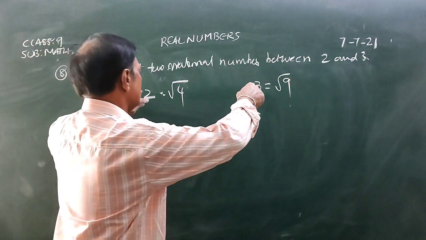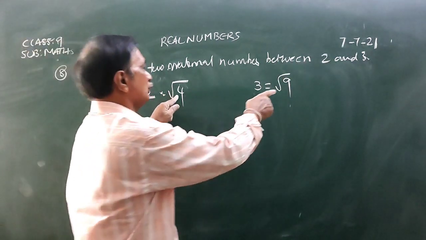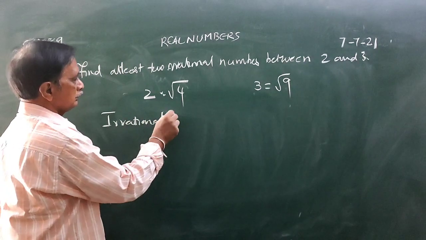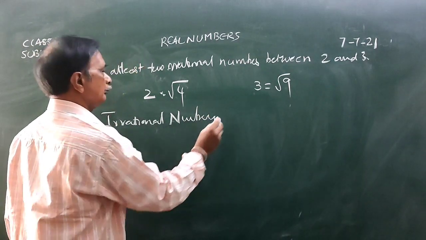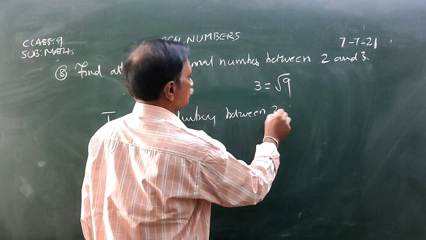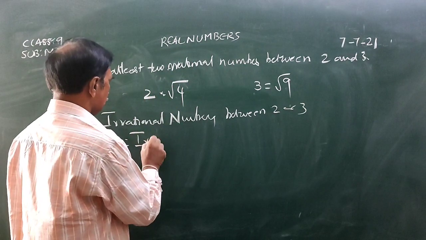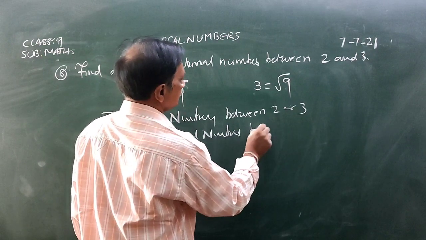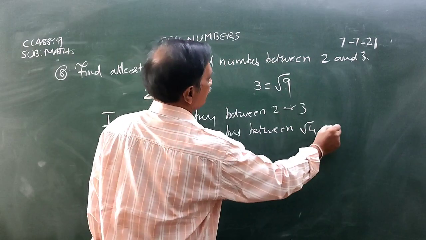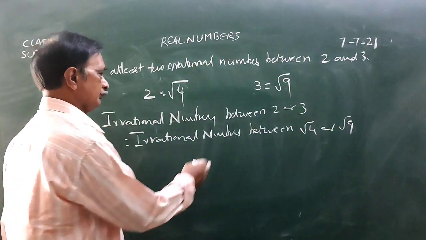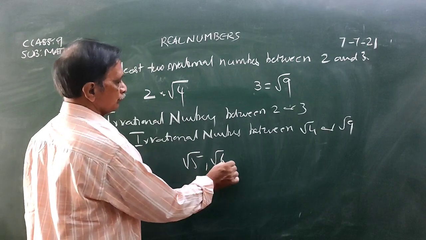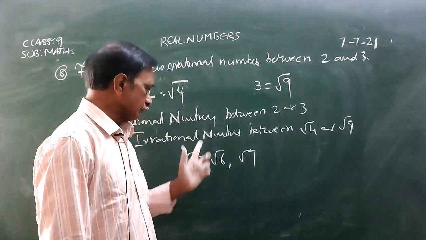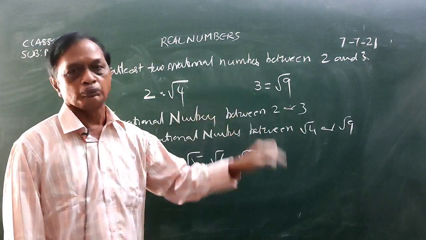Finding the irrational numbers between 2 and 3 is nothing but finding the irrational numbers between root 4 and root 9. So between root 4 and root 9, we have root 5, root 6, root 7. You can take any two out of these. So, root 5 and root 6 are irrational numbers between 2 and 3.